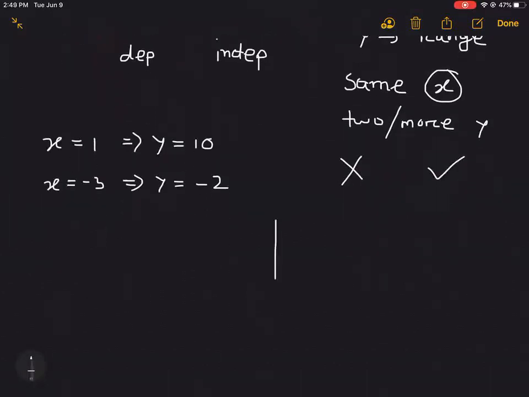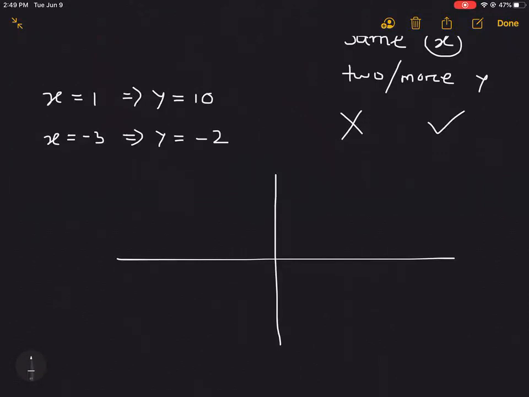So if we have 2 points, if you remember the basic property of graphing, we can always graph it. So this will give us an ordered pair of 1 and 10, and this will give us an ordered pair of -3 and -2. We can actually graph it by using these 2 points.